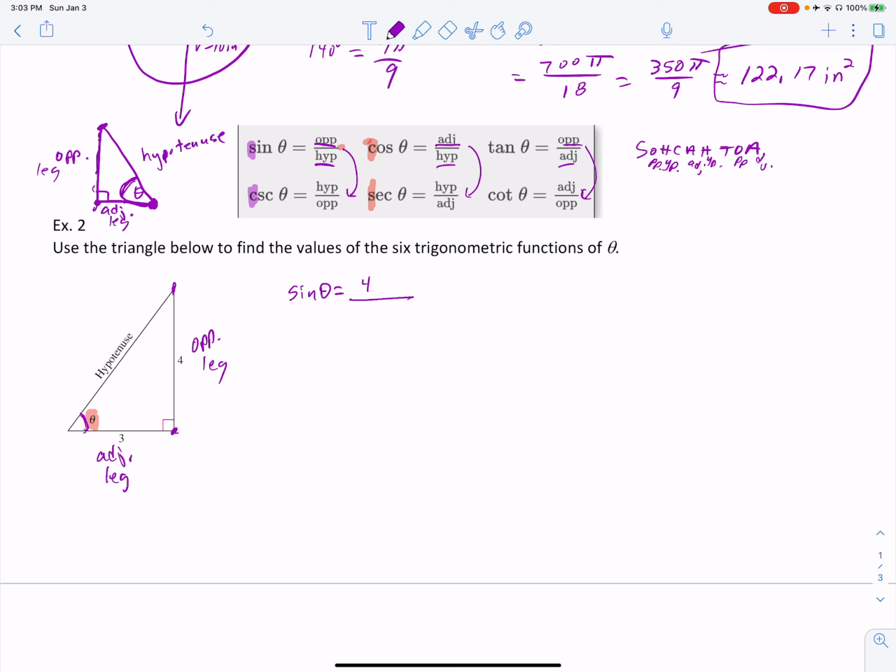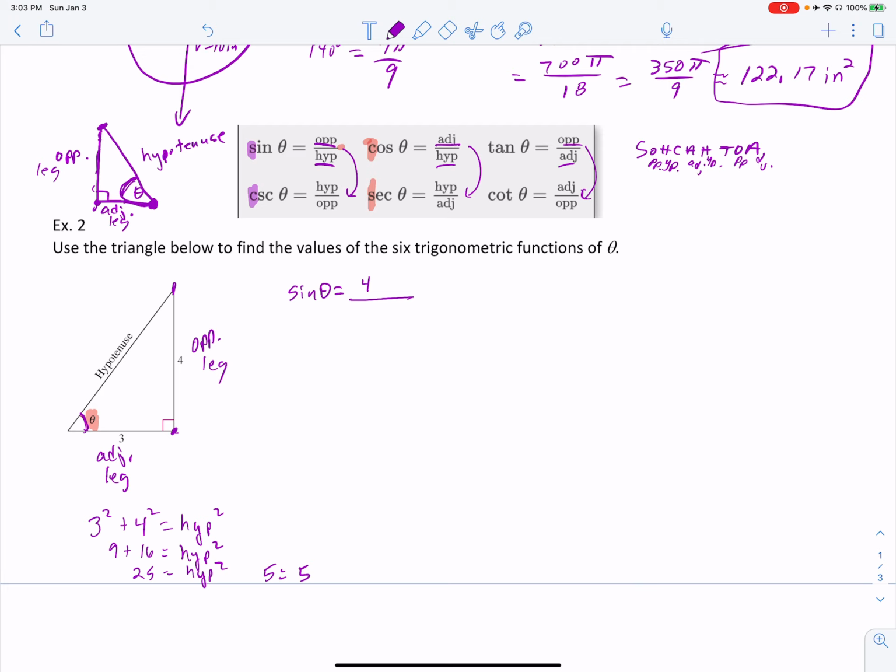And right here, if we find the hypotenuse, we go 3 squared plus 4 squared equals the hypotenuse squared. A squared plus b squared equals c squared. So we get 9 plus 16 equals that hypotenuse squared, which is 25. And so if you take the square root, that hypotenuse is going to be 5.